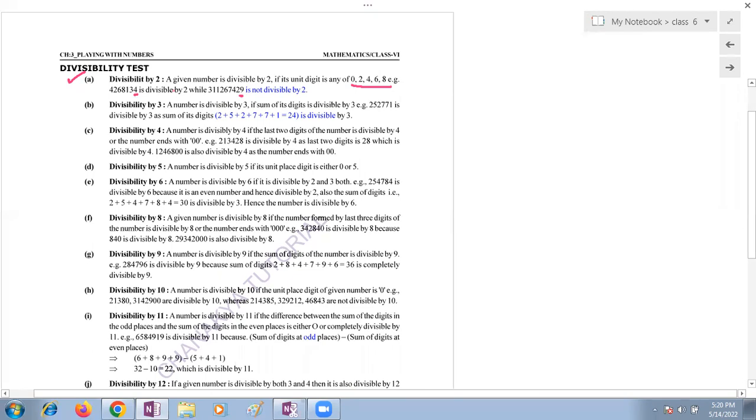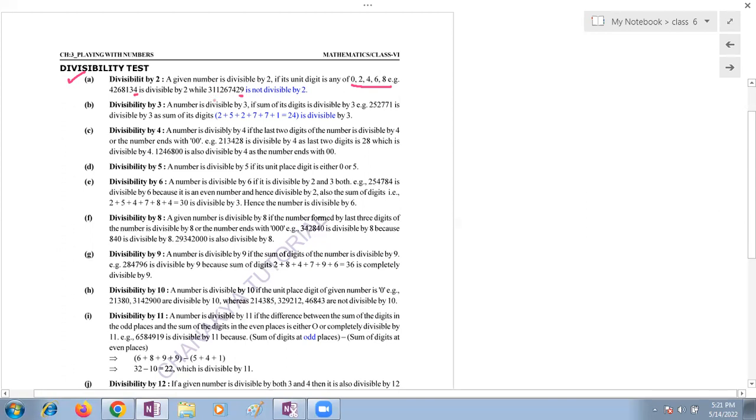Can you read the number in the Indian system? 3 crore 11 lakh 26,700 and 429. Vedant, can you please read the number in the Indian system?